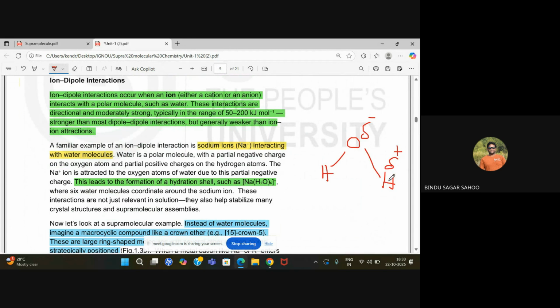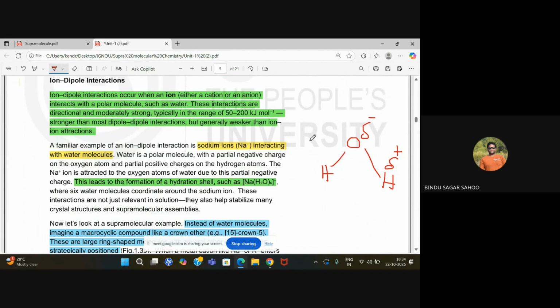Suppose we are adding a sodium chloride crystal to water. Tell me, the Na plus ion is attracted towards which center of water, oxygen or hydrogen? Definitely it will be attracted towards the oxygen center of the water molecule.